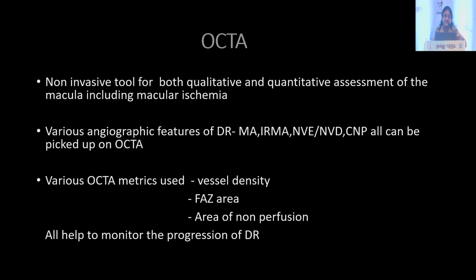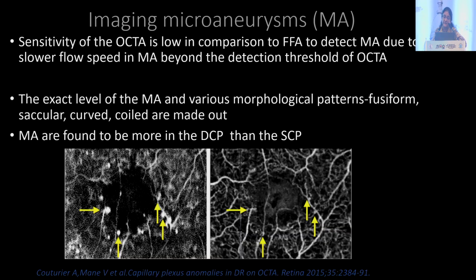OCTA, on the other side, is again a non-invasive tool, both for qualitative and quantitative assessment of the macula, including macular ischemia. It is able to identify various signs of diabetic retinopathy and also helps us in various metrics assessments such as vessel density, foveal avascular zone, and the areas of non-perfusion. It also helps us to monitor the progression of diabetic retinopathy.